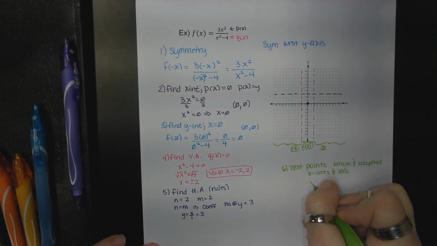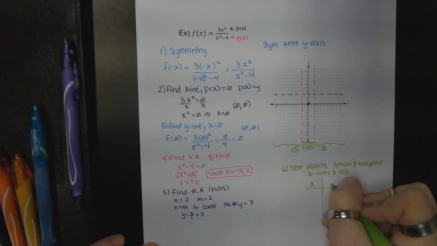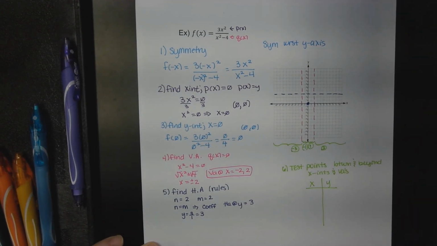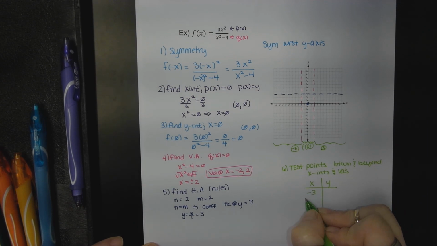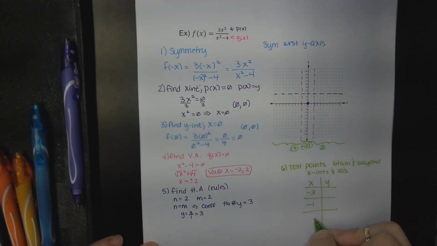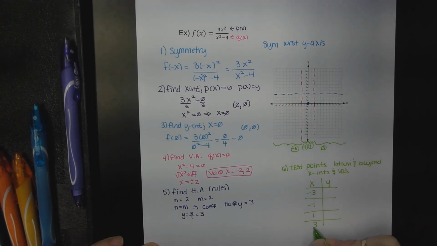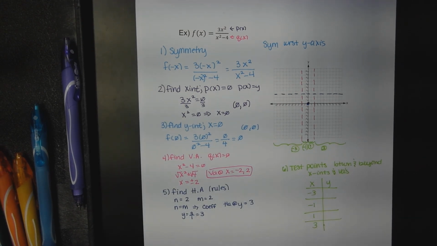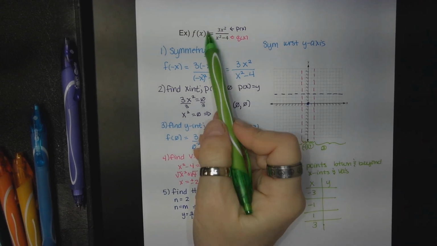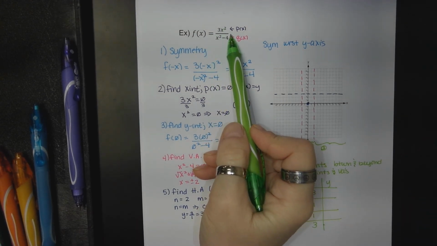So let's do my XY table. I picked a -3, a -1, and a 3. Those are the ones I picked. So we're going to take these numbers once again and just plug them into our original function.